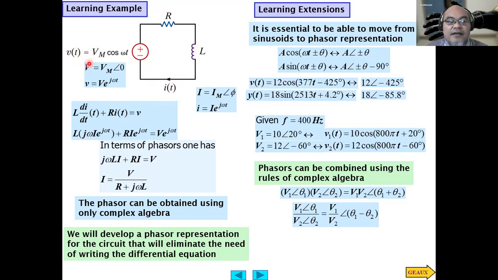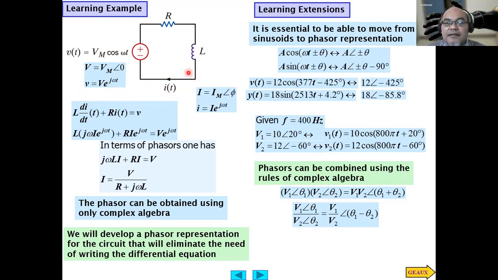So V here is expressed as the magnitude Vm with a phase angle of 0, and the small v equals this V times exponent j omega t, because this represents the exponent j theta, and theta here is 0. This V multiplied by exponent j omega t is the frequency domain.